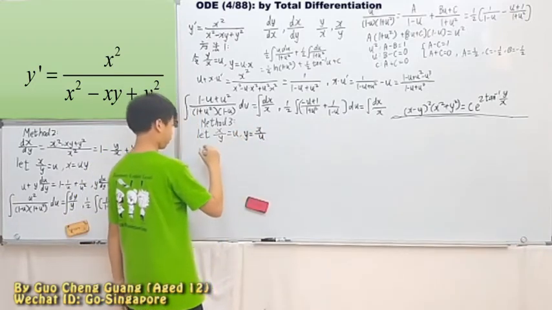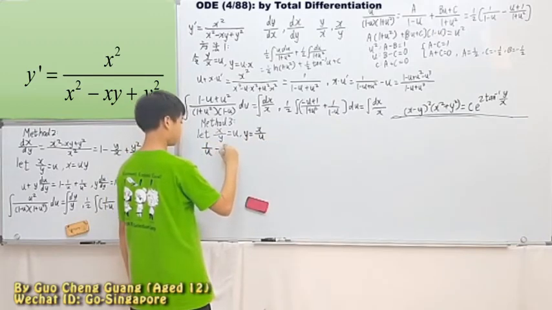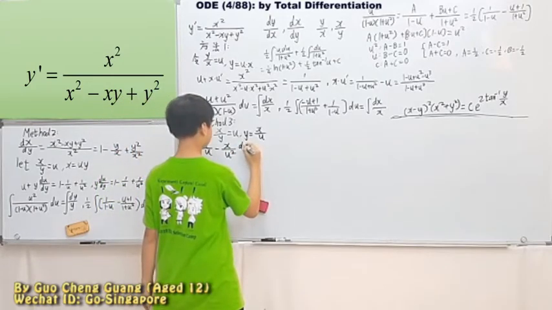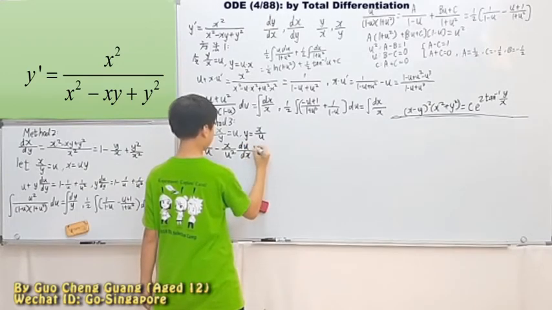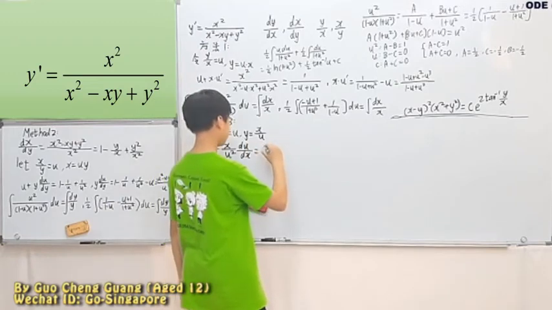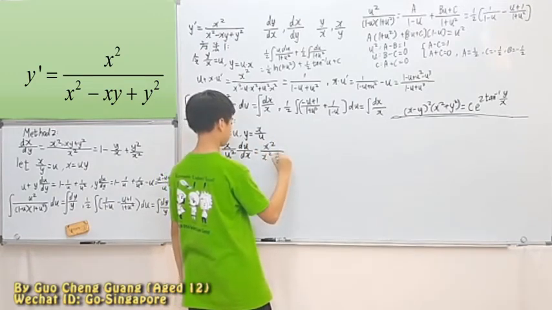Product rule first with x, then after that u. Then at this part, x squared over x.